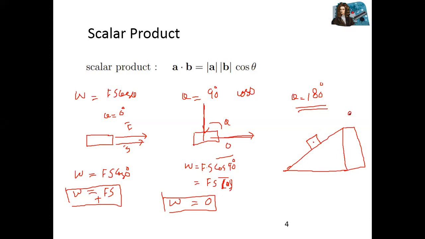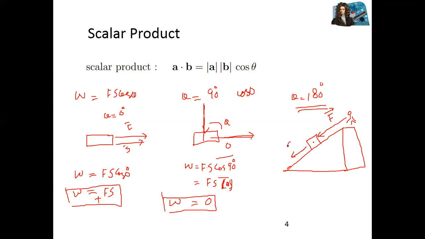You are standing here and you apply force on this body to move it upward, but this one is too heavy and it moves downward.